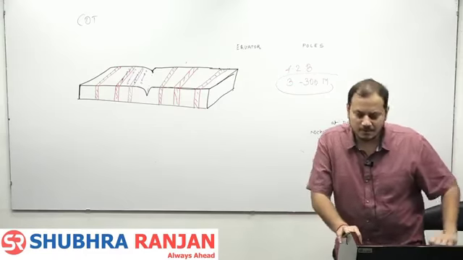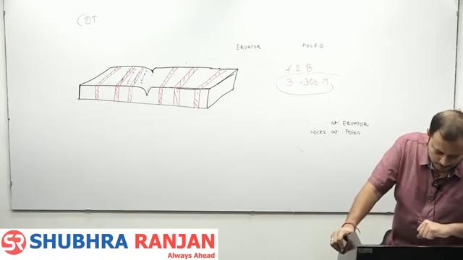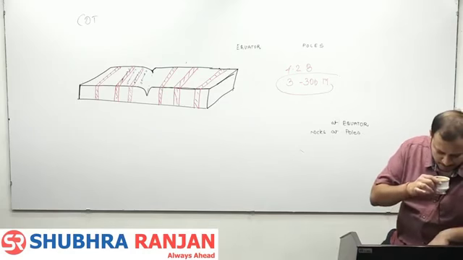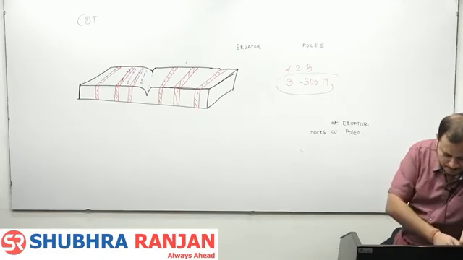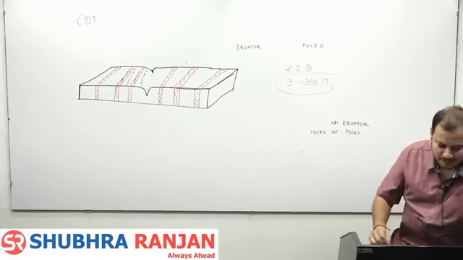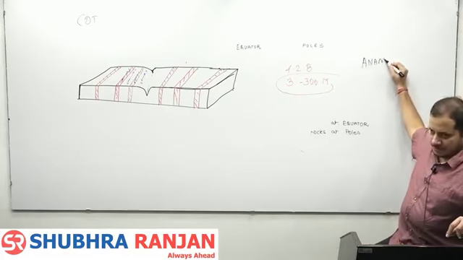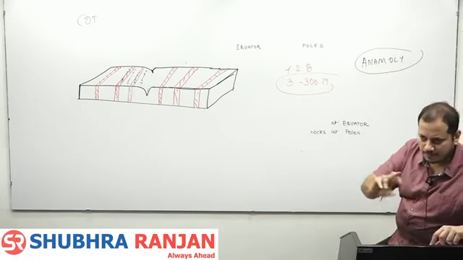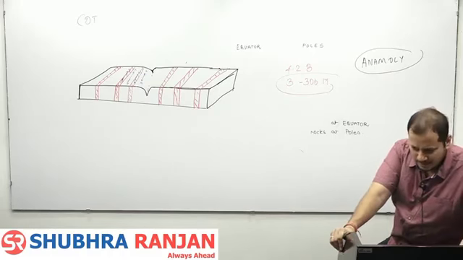Similarly, why did I make you explain? Because of this line. Similarly, the study of oceanic crust also reveals that there is magnetic anomaly. Anomaly means mismatch. Magnetic anomaly on the oceanic crust.